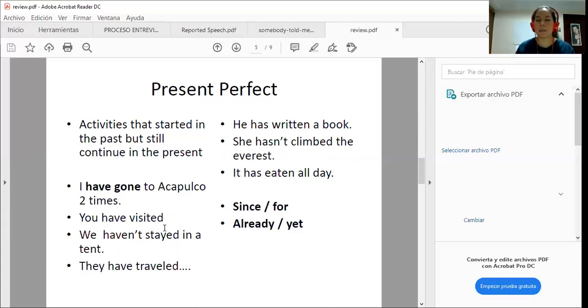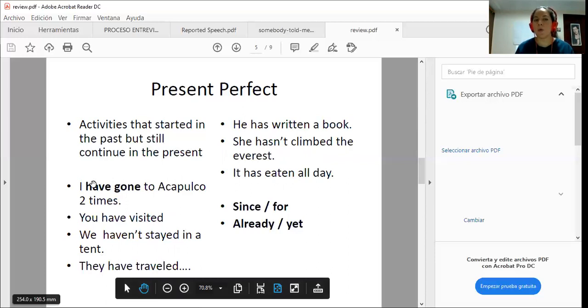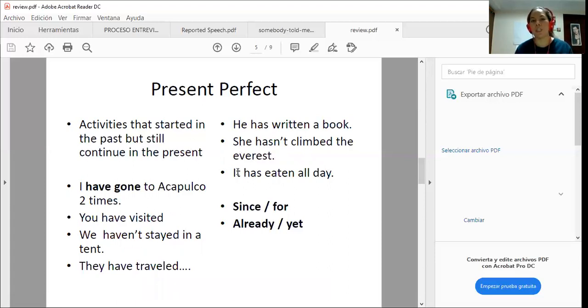We're going to divide this in two. With the pronouns I, you, we, they, we use what? Have or haven't, and the verb in past participle. And with he, she, it, we use what? Has and the verb in past participle.